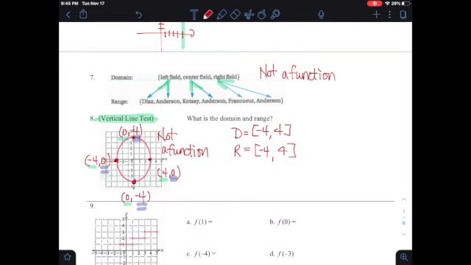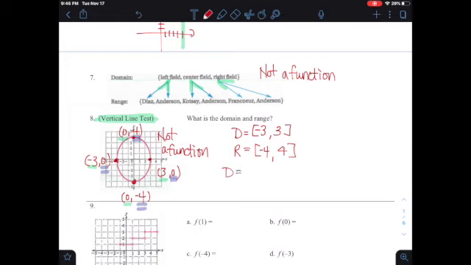Oh, I'm sorry, that's a 3 actually. So that should be a 3. That should be a 3. And the x value should be a 3 and -3. -3 and 3.